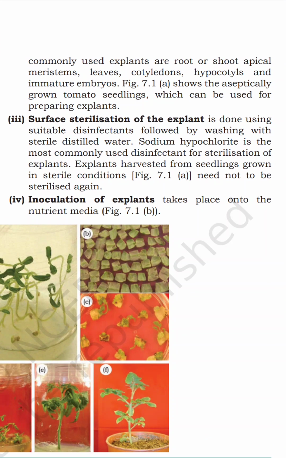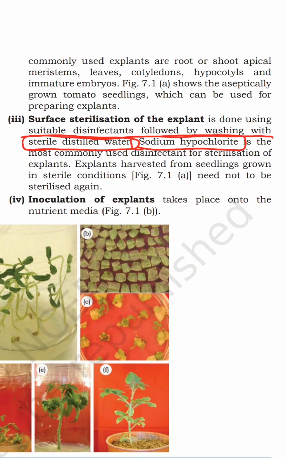The surface of the explant should be sterilized so that it is not contaminated by microbial organisms. This is done with disinfectants, followed by washing with sterilized distilled water, and also using sodium hypochlorite, the most commonly used disinfectant for sterilization of the explant.